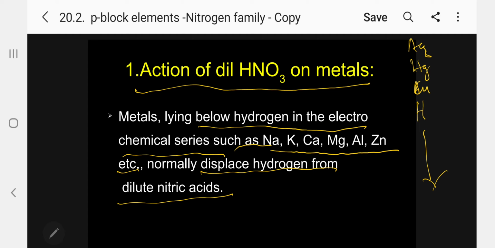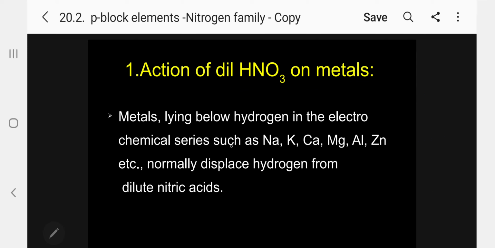Sodium and potassium we cannot use directly, only in the form of an amalgam, coated with mercury. Kindly follow. So what will happen now? That is the important thing. Metals lying below hydrogen in the reduction potential series normally displace hydrogen from dilute nitric acid.